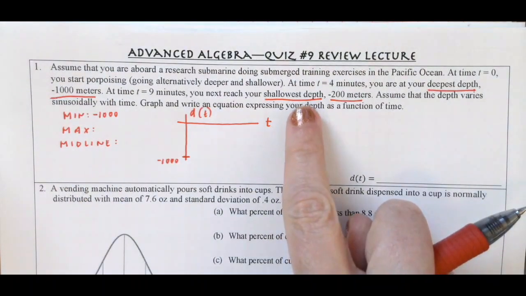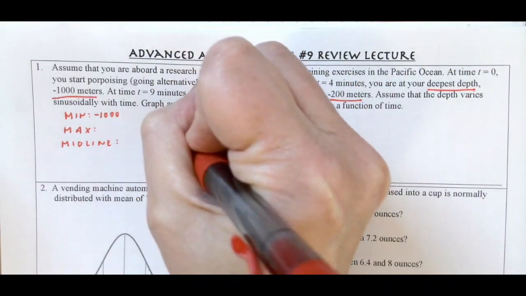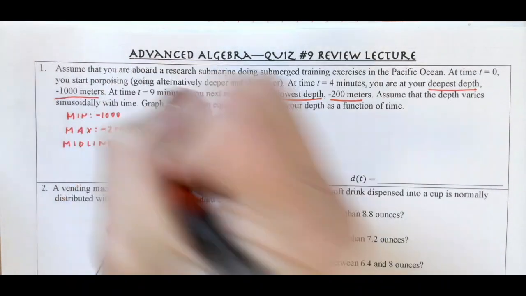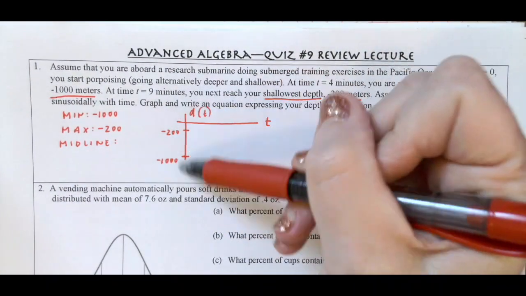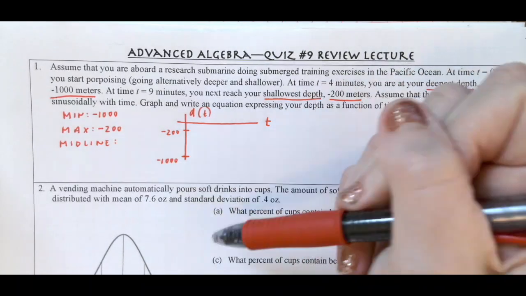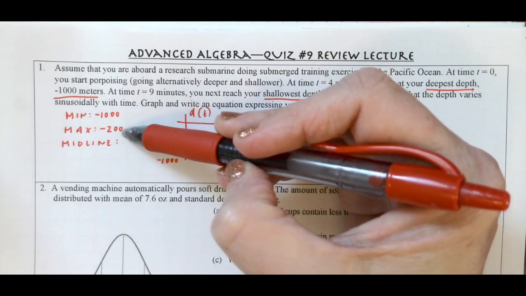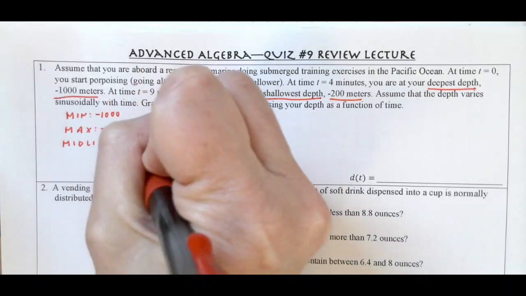Our shallowest would be about here, -200. Since we read things from low to high, here is our min, and then here is our max. The midline, if we add those two and divide by 2, if we average them, we'll be at -600.